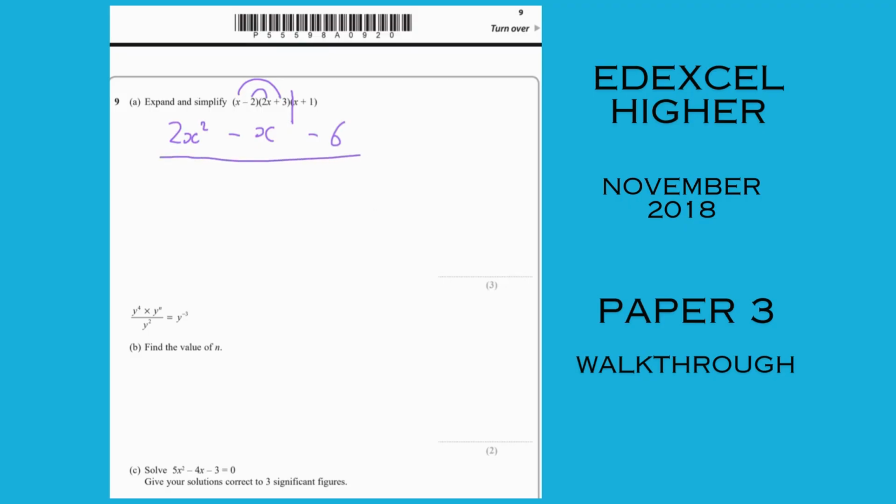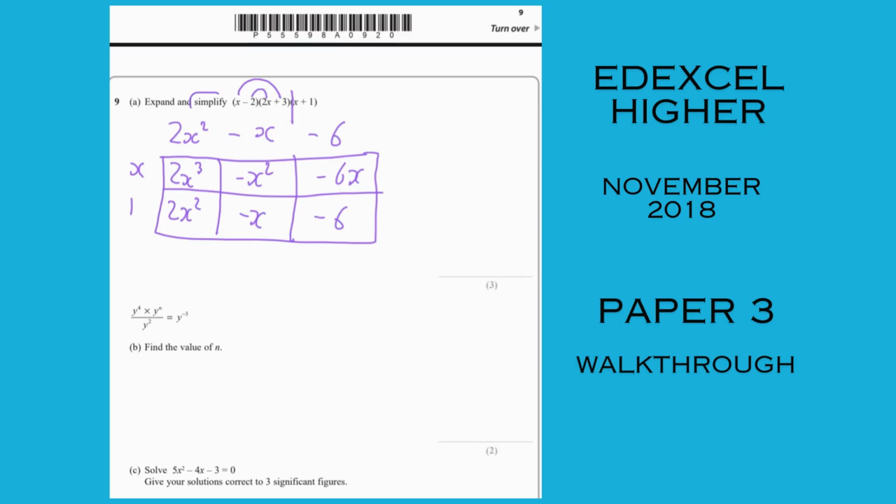I then throw away my expanding mentally and stick with the safety of a grid. I'm running out of room over here, so let's put the x plus 1 over there. So let's times everything by x. 2x cubed minus x squared minus 6x, and times everything by 1. Just write the whole thing down again.